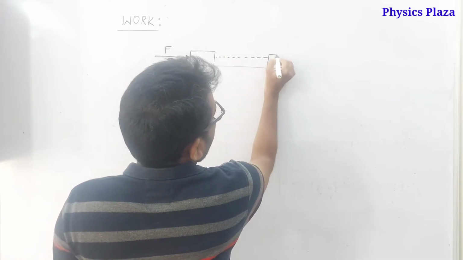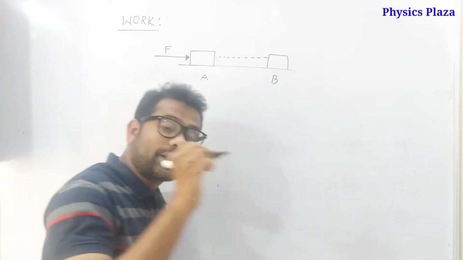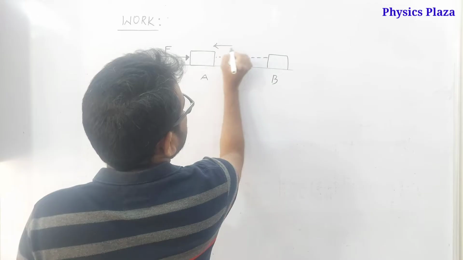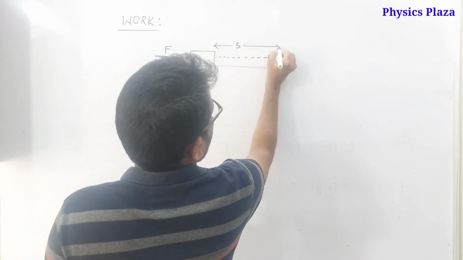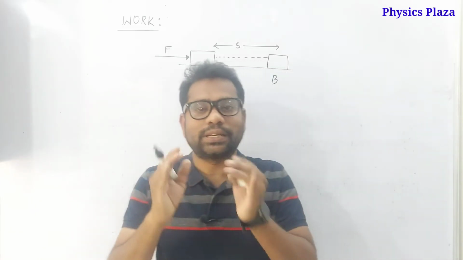Try to understand: the body is displaced from A to B in the direction of the applied force. Let us assume the displacement is S. Then we can say that work is done.